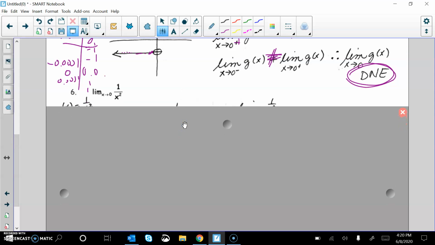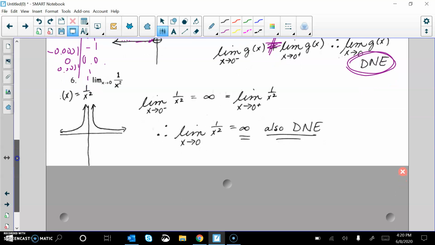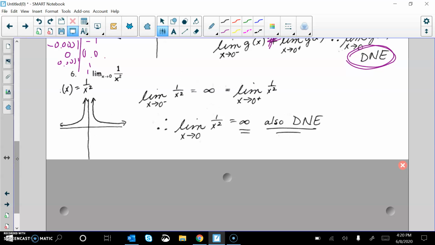All right, number 6. This one, as x approaches 0, the limit does not exist because it's growing without bound. If we made a table, you cannot plug in 0, it's undefined there. You plug in something small, let's try 0.1, square is 0.01, you get something large. As you plug in numbers closer and closer to 0, the y coordinates get really, really large.